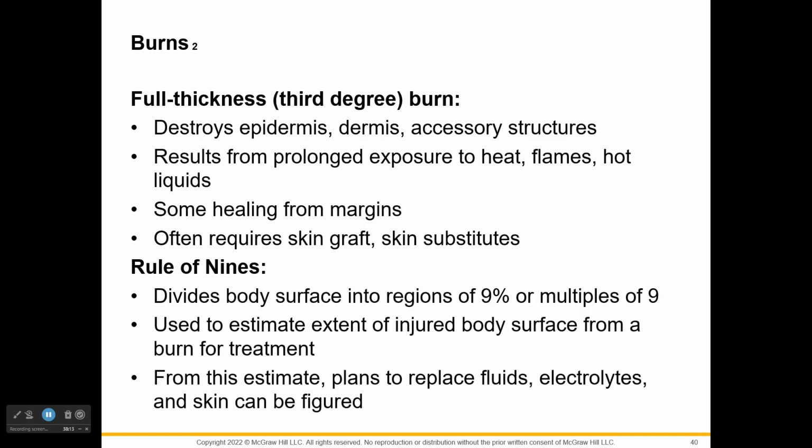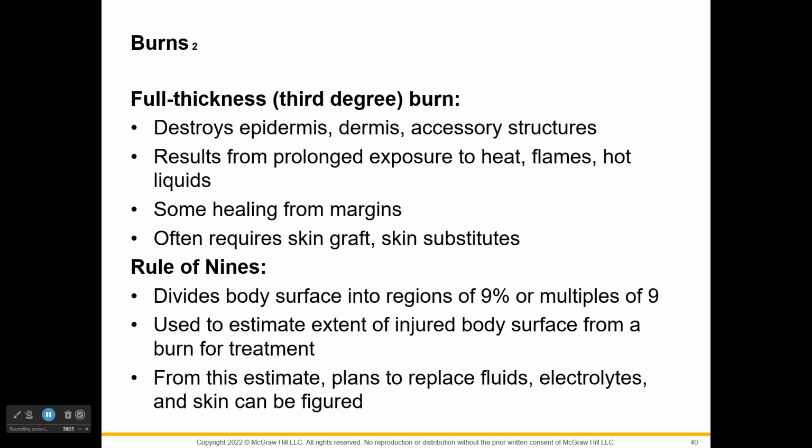A full thickness or 3rd degree burn is where you've not only destroyed your epidermis and dermis, but you've destroyed some accessory structures, and you're not going to be able to heal this on your own. So you're going to require a skin graft or some substitute to help you stop infection, really is the problem.